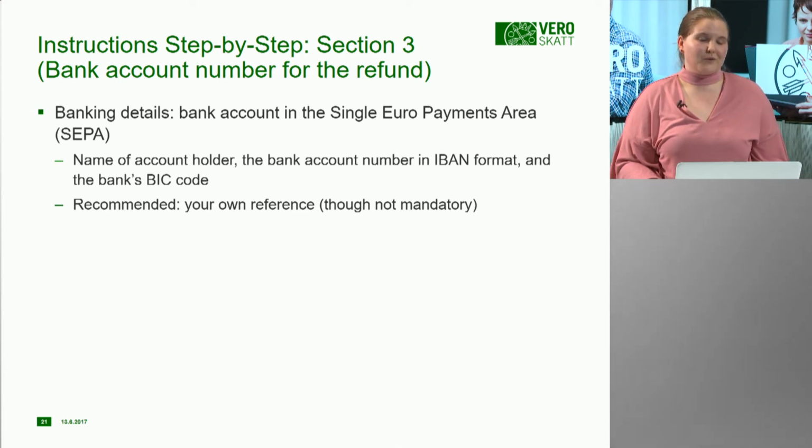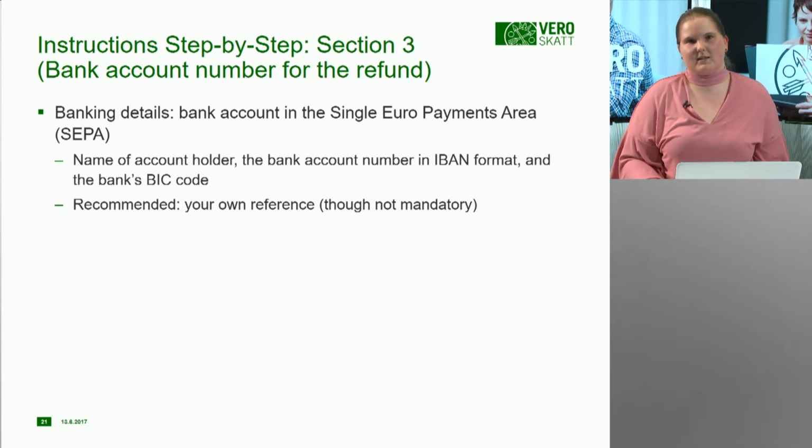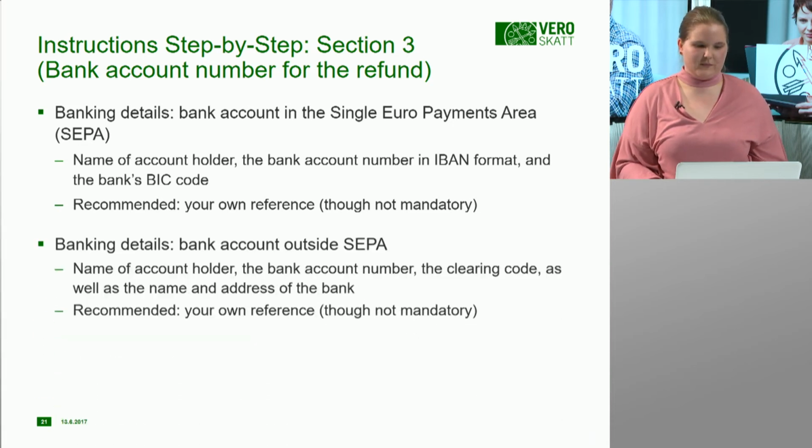And we would also recommend that you provide some sort of reference, as this will allow you to better locate the payment on a bank statement, for example. Of course, it's not mandatory, but again, highly recommended.